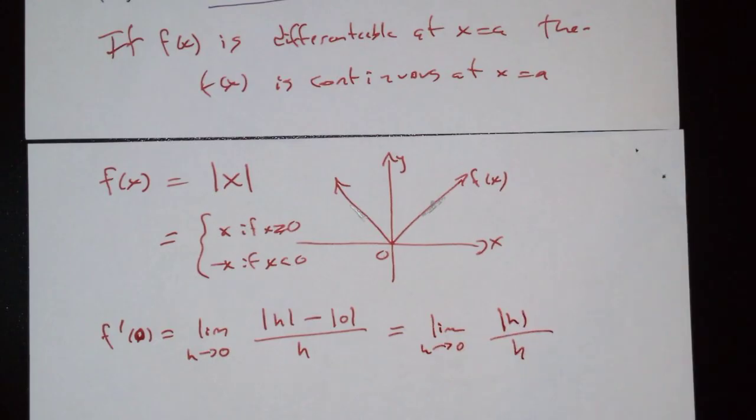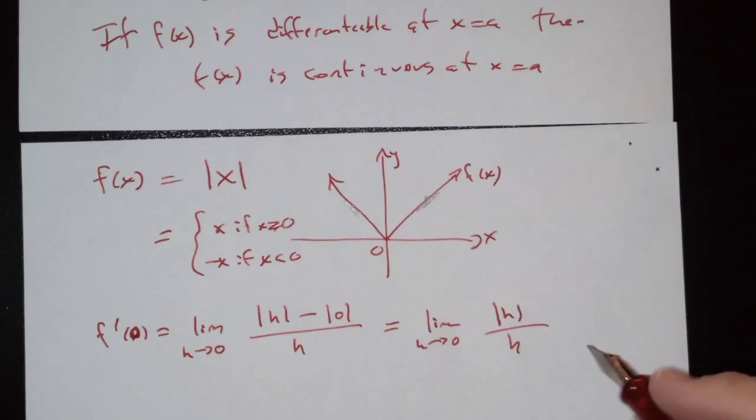But I'm going to cheat. And I'm going to tell you we did this limit. We did this in our looking at left limits and right limits. And from the left, this is -1. And from the right, this is 1. This limit doesn't exist.